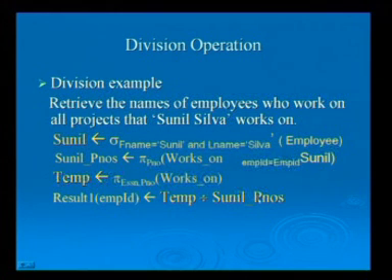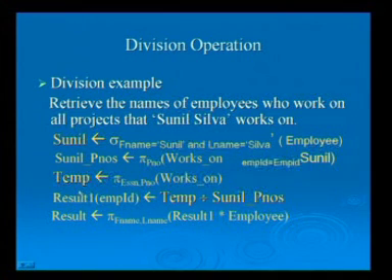So, the project number attribute is a subset of the attributes in the temp relation, that is employee ID and project number, and then the output would be in a relation called result 1. What we want is the names of the employees, but this result 1 will have only the employee IDs, because what we get is the difference between the number of attributes in these two relations.